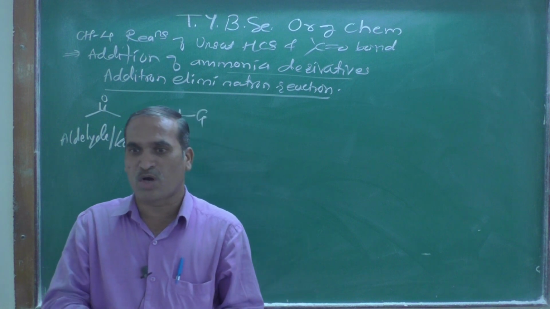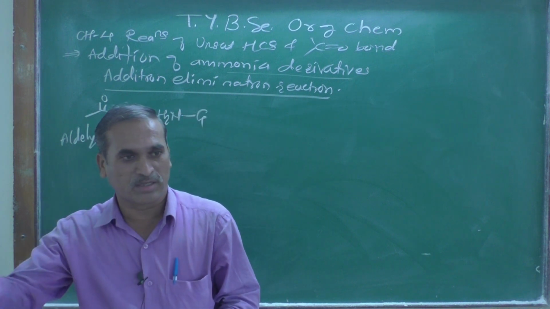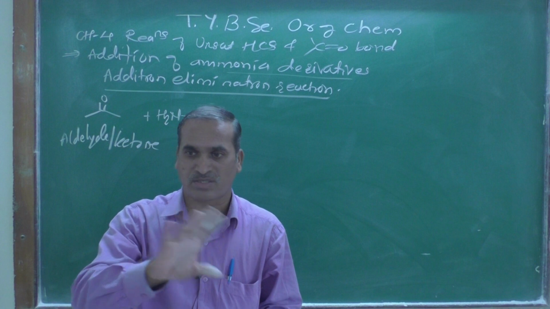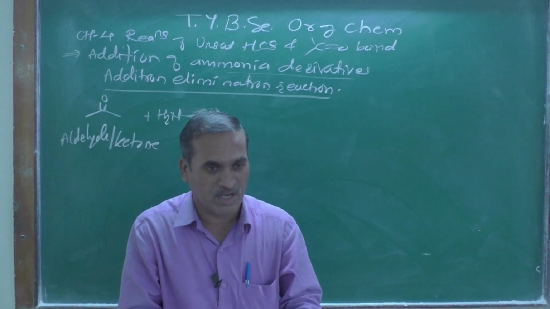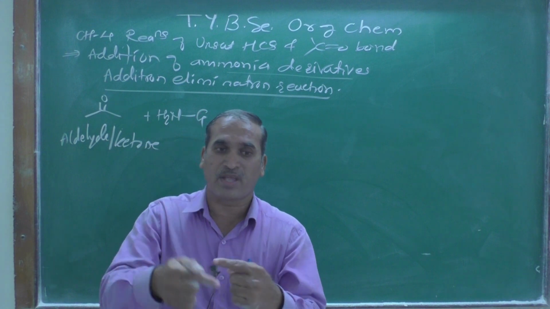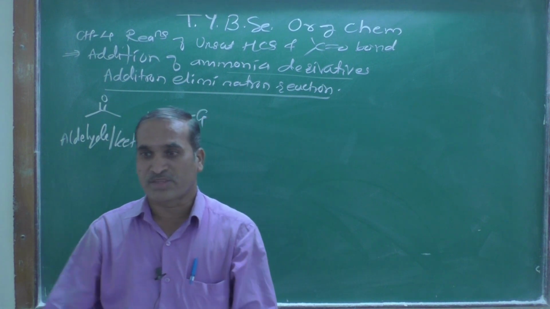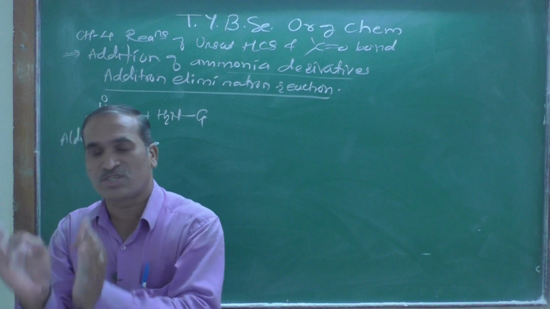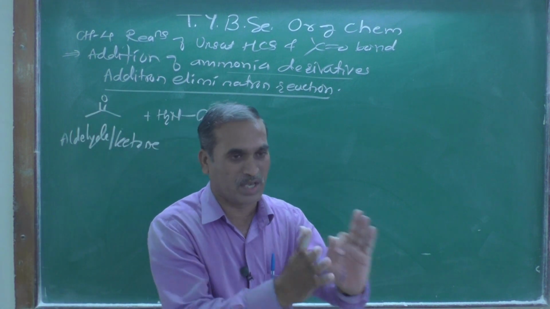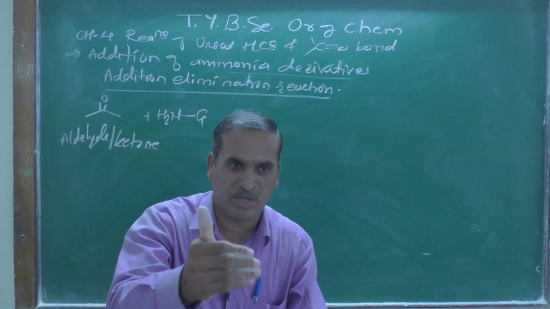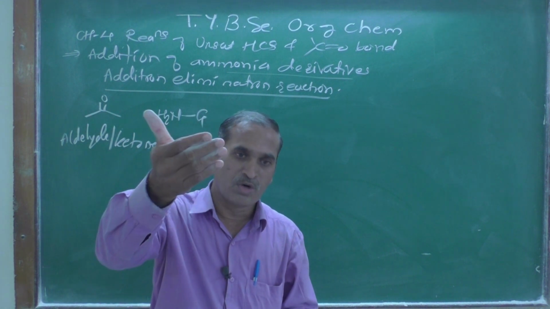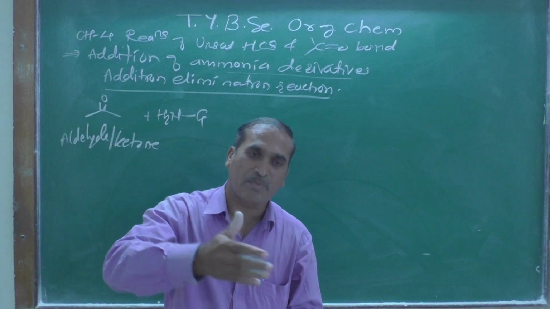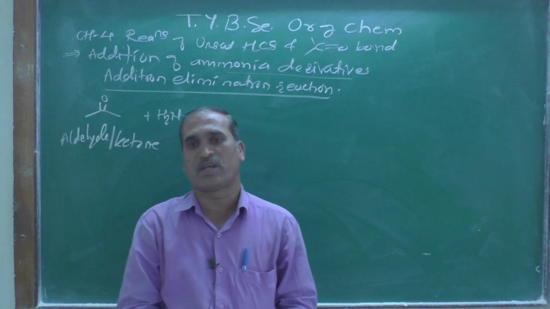Optimum pH means not acidic and not basic. The optimum pH is the pH where the rate of reaction is maximum. If you increase the pH, the rate of reaction will decrease. If you decrease the pH, the rate of reaction also goes on decreasing.